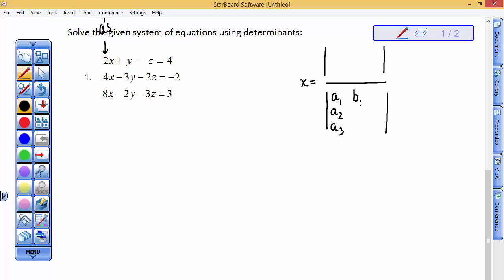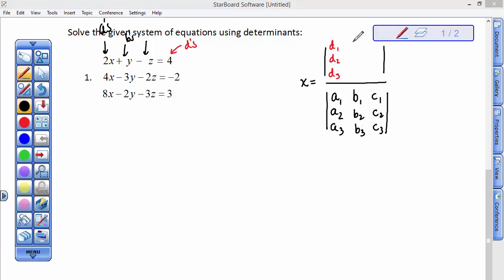You'd have the b values in the middle column, which are the numbers in front of the y's. And now we'd have what's called the c values, because those are the numbers in front of the z values in this case. And then in order to solve for x, you'd put your d values, which are your constants, on the right-hand side. And that's how you'd solve.